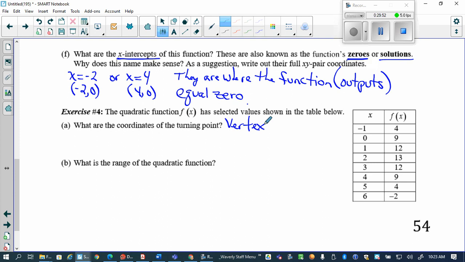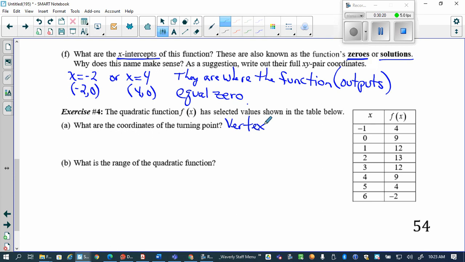Vertex. So do the outputs in that table look symmetrical? Look at the outputs: 4, 9, 12, 13, 12, 9, 4. Yeah, it's symmetry.